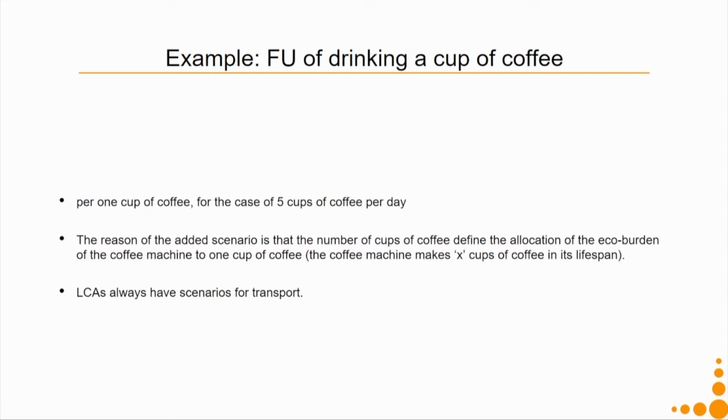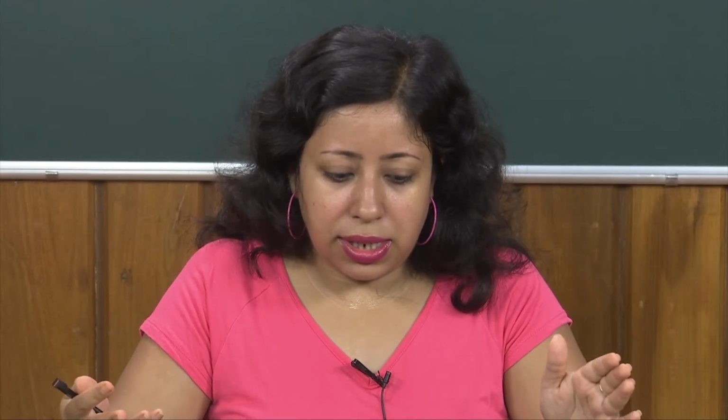Say I design my coffee machine for X cups of coffee in its entire lifespan. Say this coffee machine has been designed to make 400 cups of coffee. Now the life of the coffee machine depends on how many cups of coffee I will make per day. Hence the functional unit is per 1 cup of coffee.